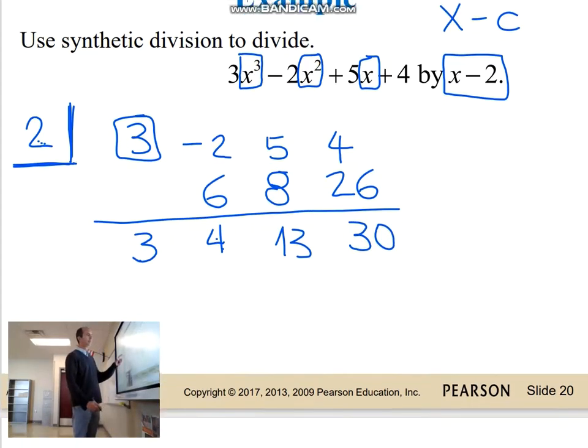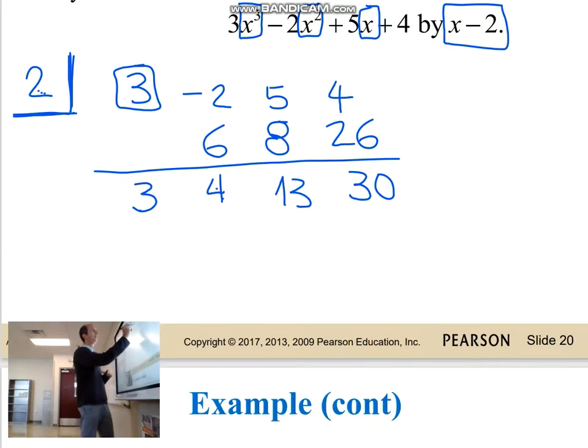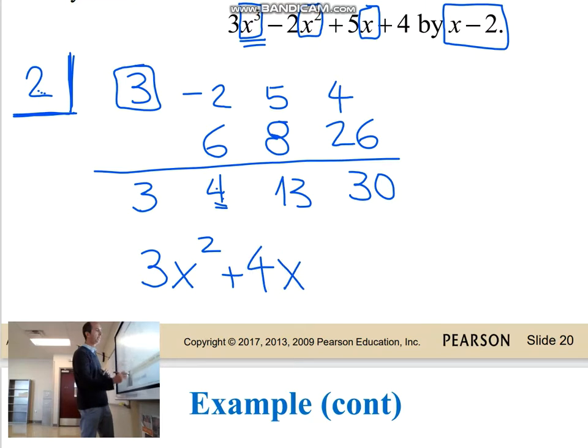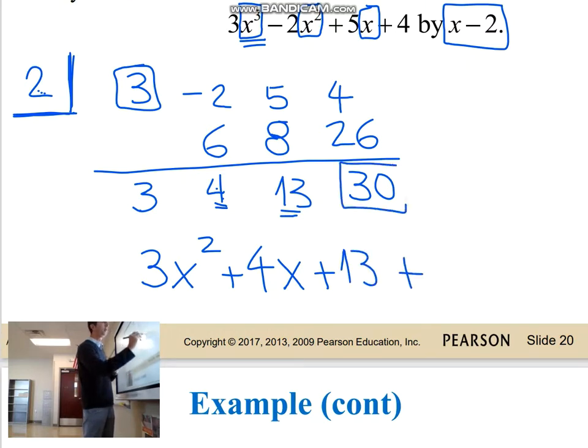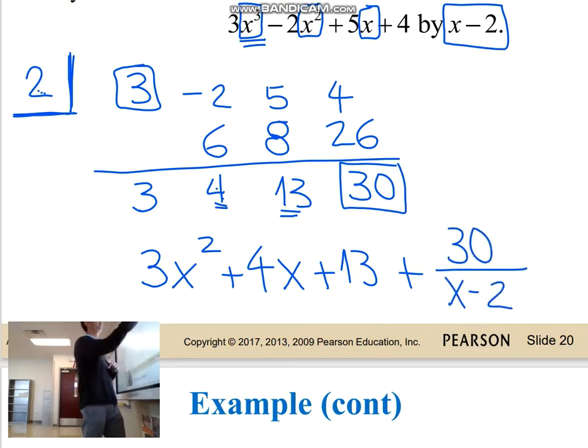The result is, well, if this is x cubed, the result is going to be 3x squared plus the next coefficient, 4x, plus the next coefficient, 13, plus, and this is the remainder, 30 over x minus 2. This is the answer.